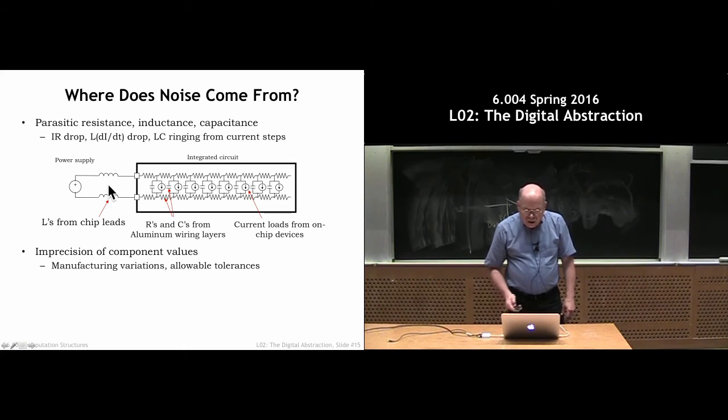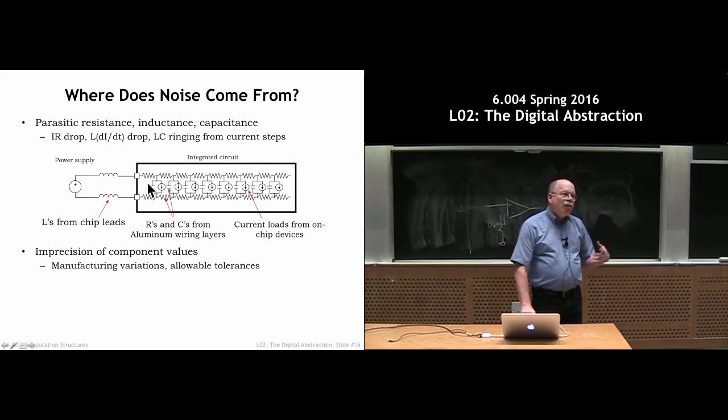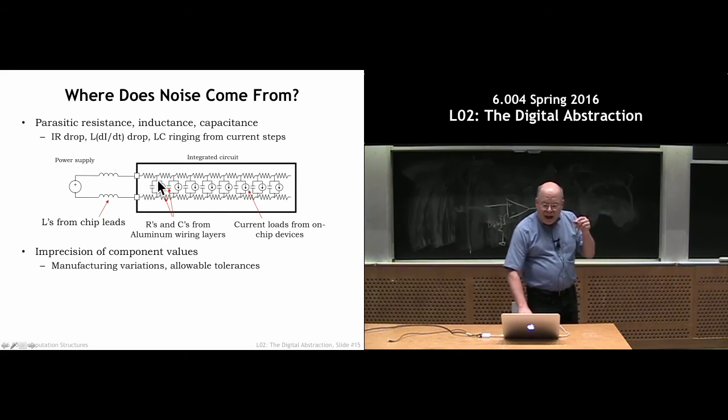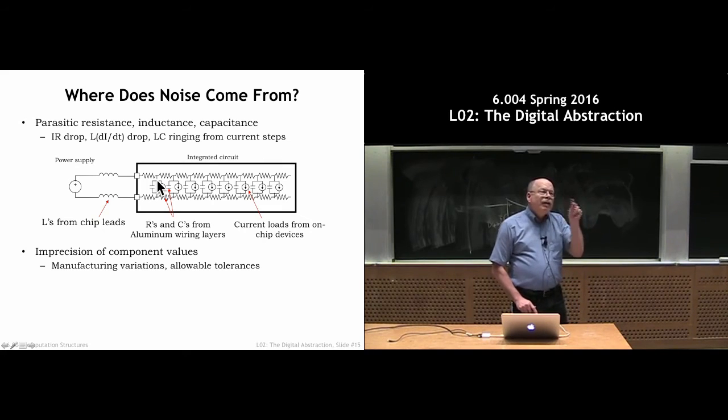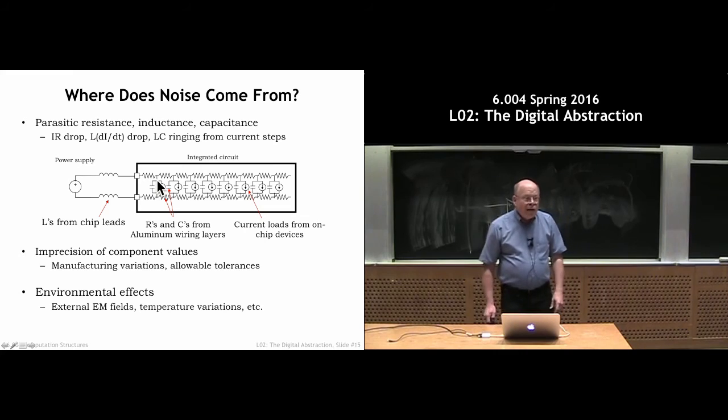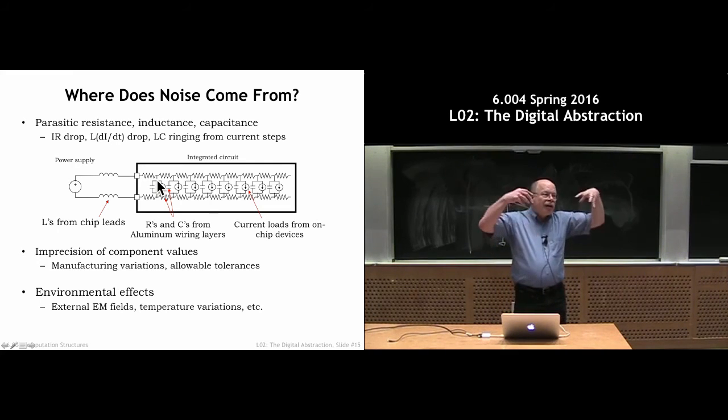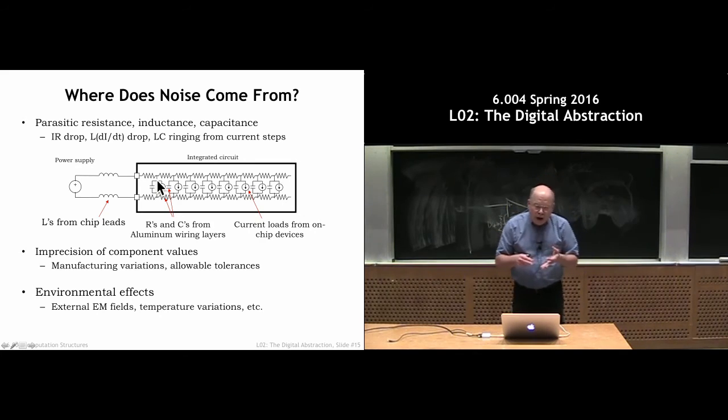We can certainly imagine that resistors that are nominally 10 ohms could be 11 ohms or 9 ohms, so the design voltage will be a little different from the actual voltage because of variation of component values. And then finally there's noise introduced by thermal noise or by external E&M fields.